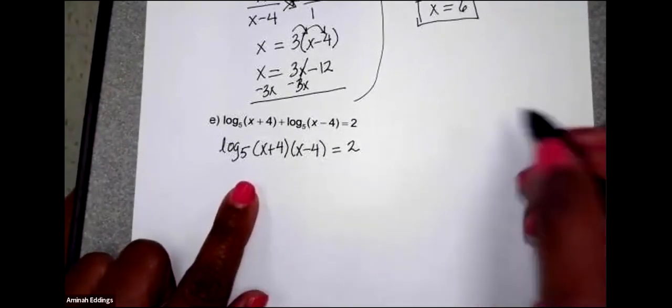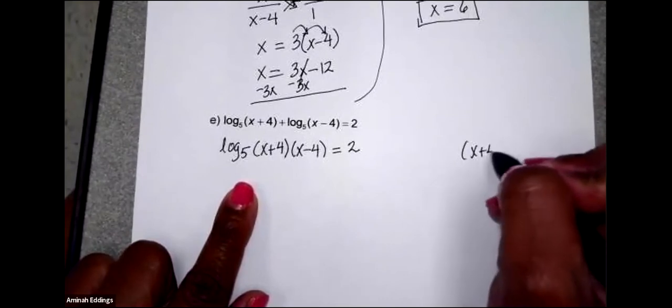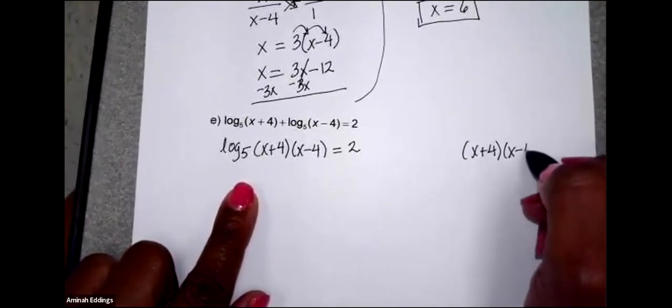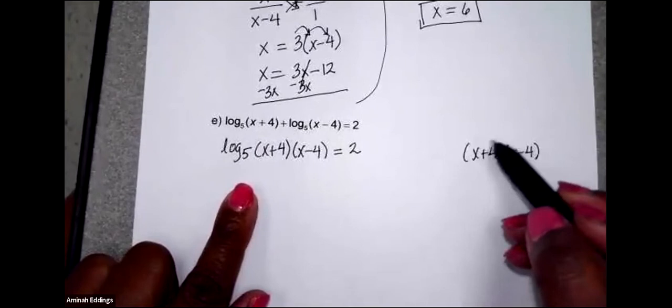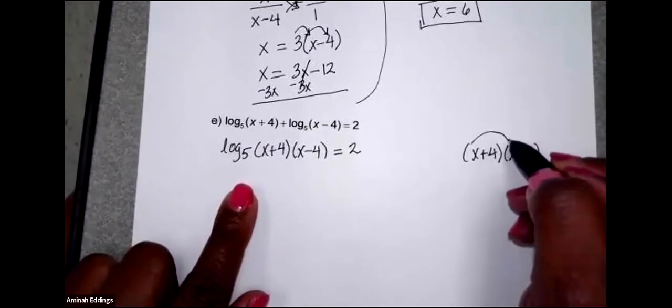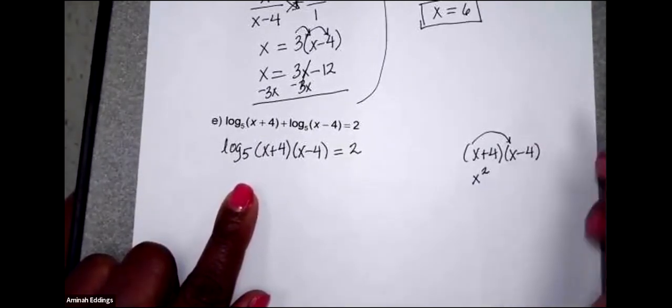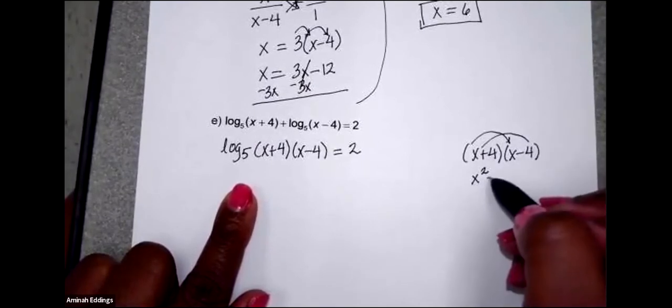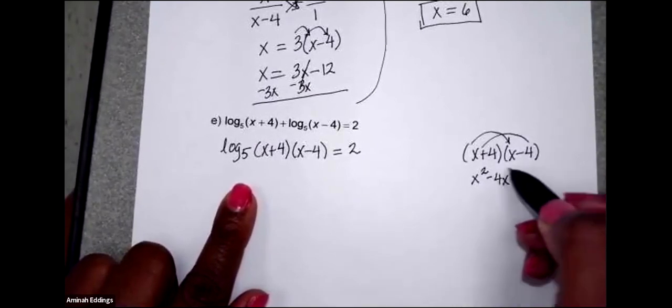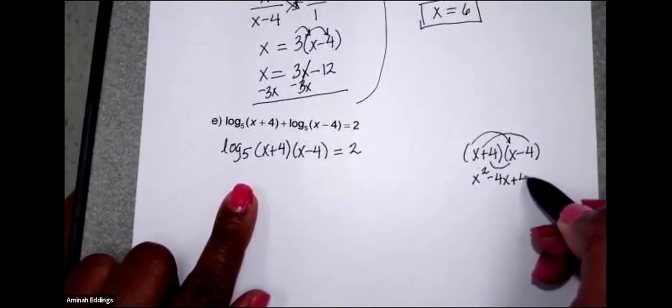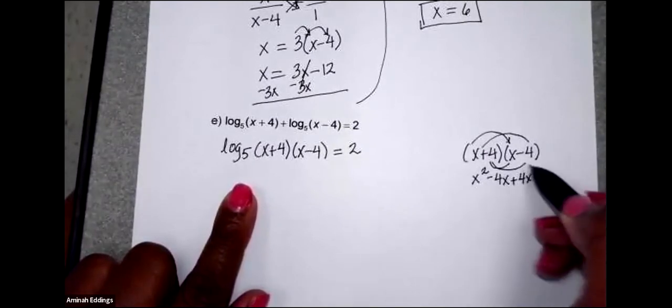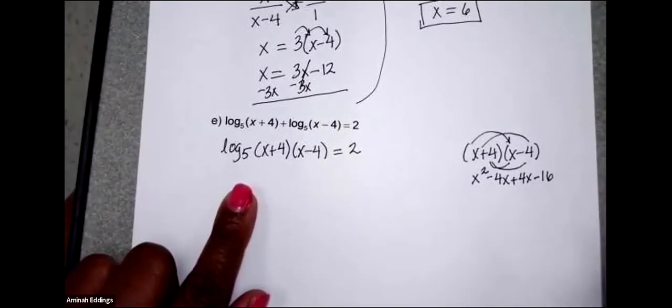Then if I multiply this together, x plus 4 times x minus 4, if I distribute, I'm going to get x squared minus 4x plus 4x minus 16.